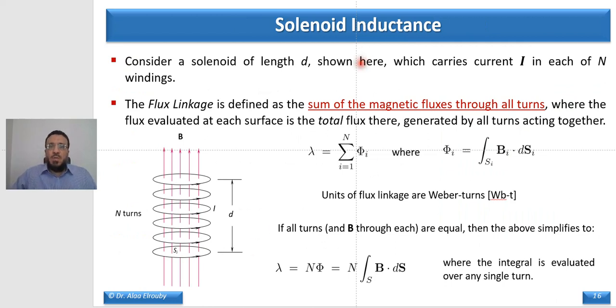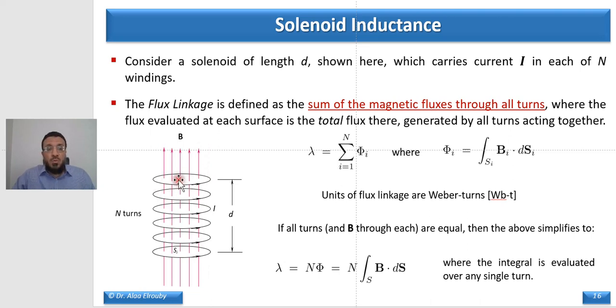So let us now talk about the inductance of a solenoid. As we talked before, the solenoid is sort of a winding of wires around a core in a straight way. Let us assume that this solenoid is very long, and we are talking about a section of it. As we studied this problem before, the field inside the solenoid is parallel to the axis of the solenoid.